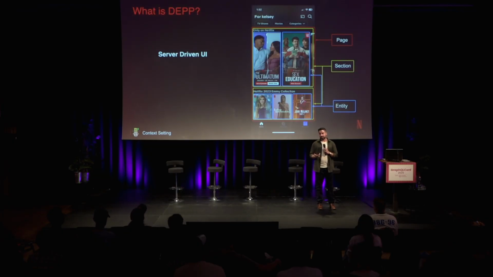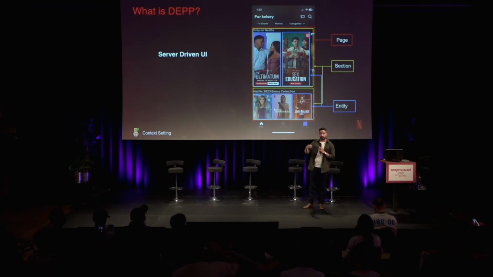So DEP as a system is a system that we developed at Netflix on GraphQL, and it's server-driven UI. So the first question is, that is an incredibly vague term, like what is the server driving, what is server-driven UI? The way we approach this problem is first our pages are split into a hierarchy where there's a top-level page, right?